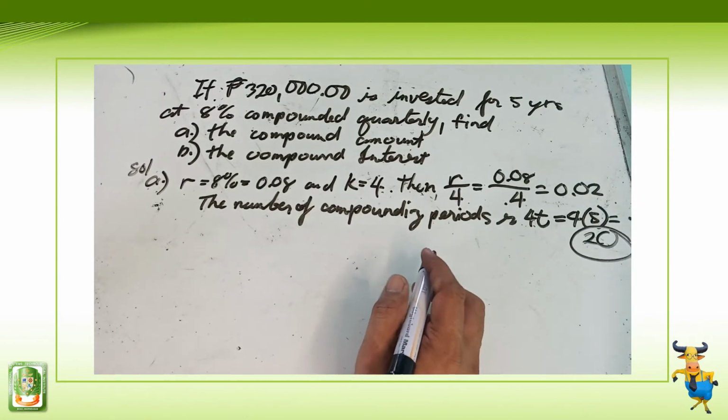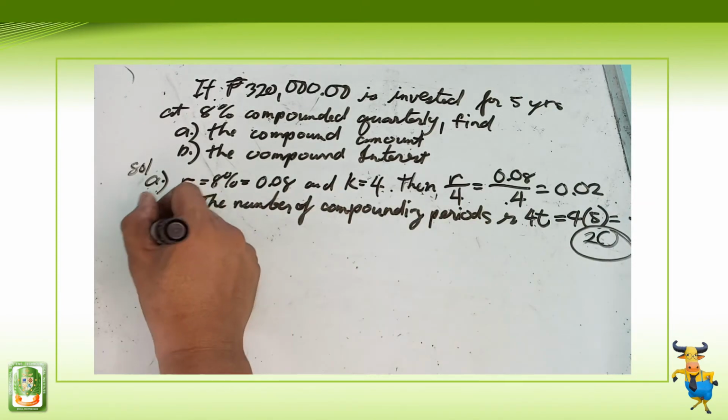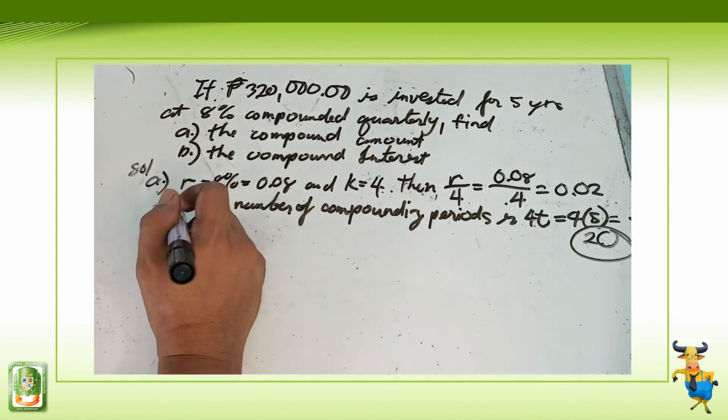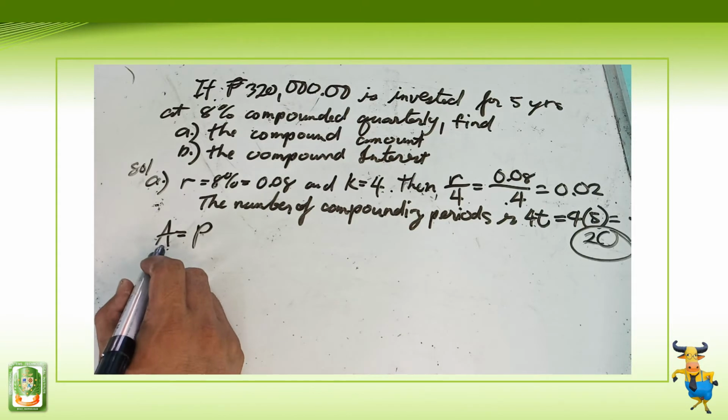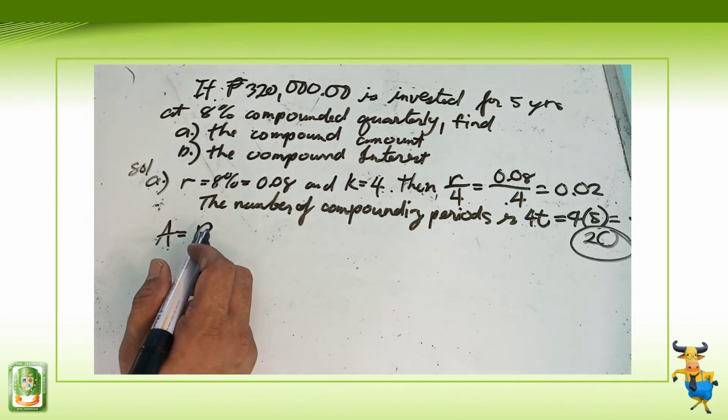So, 20. So, kung gagamitin na natin yung pinaka-equation natin, A is equal to the amount of maturity, the maturity value.